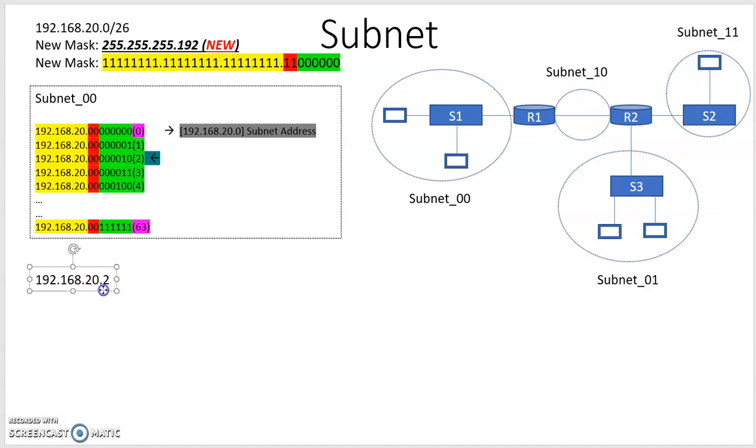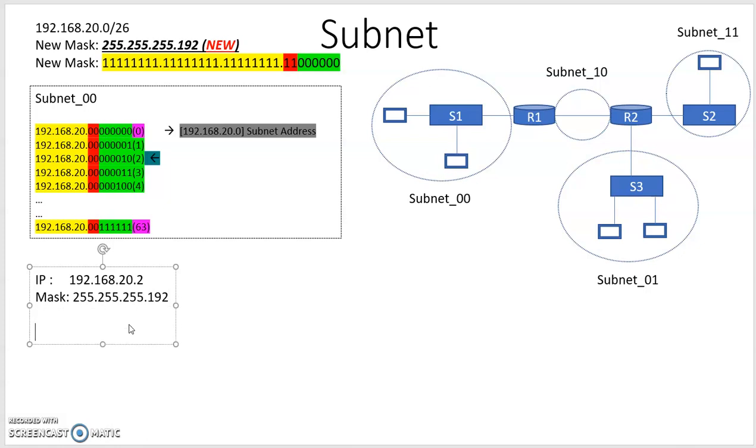And I will perform a binary operation with this IP. So I have chosen an IP address, and its subnet mask is 255.255.255.192. That's the subnet mask.